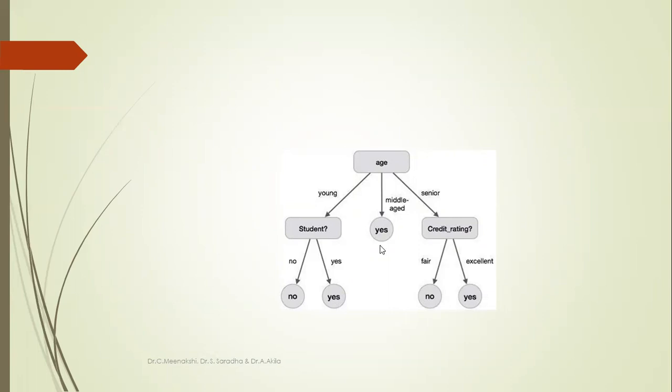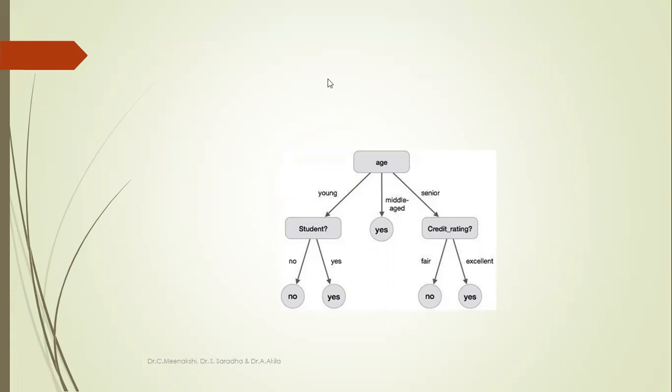And for a middle-aged person, irrespective of his income, I'll provide him the loan. For a senior person, if he has a fair, low income, then it is no; you'll not give the loan approval for him. If he has an excellent salary, you'll have the loan approval for him.